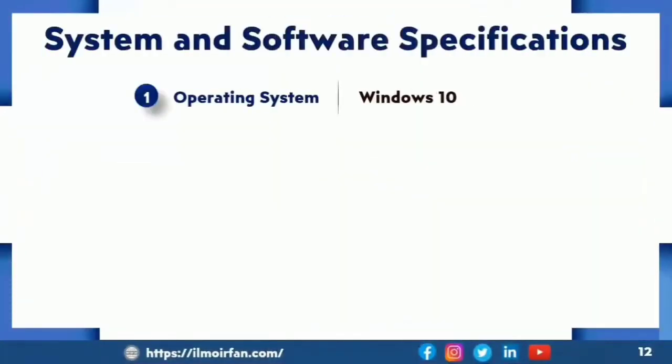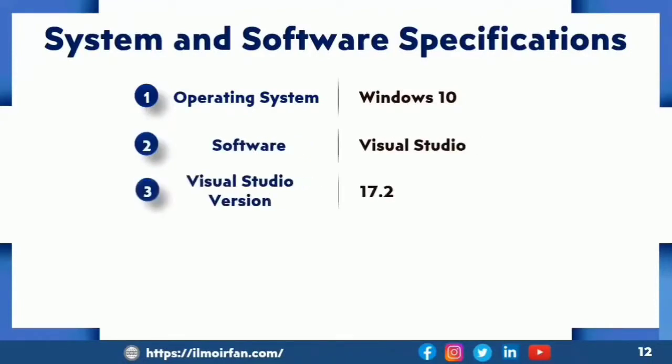The system and software specifications to download the latest version of Visual Studio for Windows operating system are as follows. Operating system is Windows 10. Software is Visual Studio. Visual Studio version is 17.2.